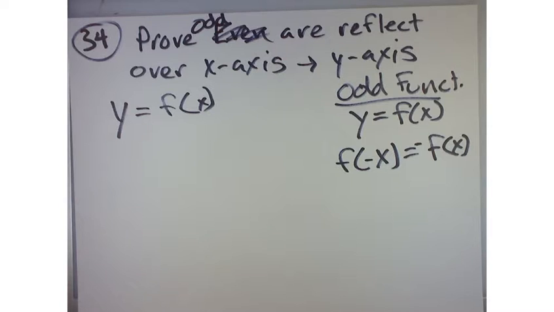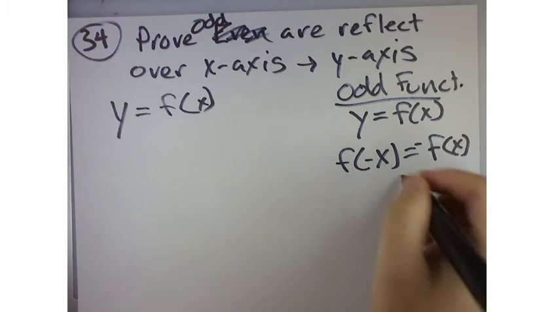And there's lots of ways you could do it. You could start by doing it graphically. There isn't any one set way to do it. So what I'm going to do is start with this definition.